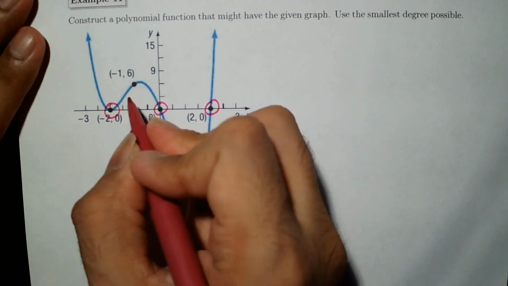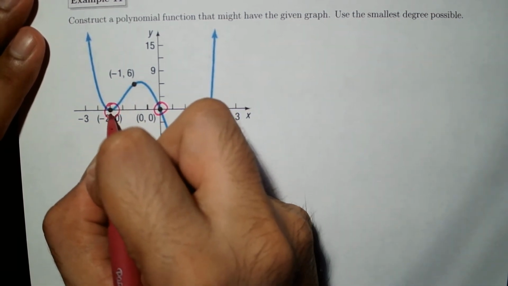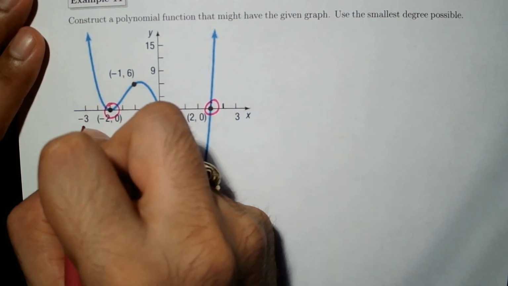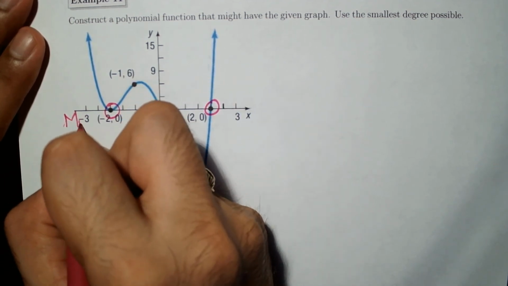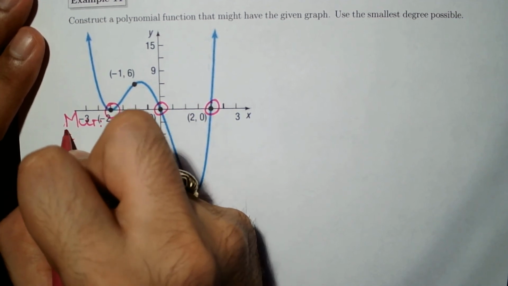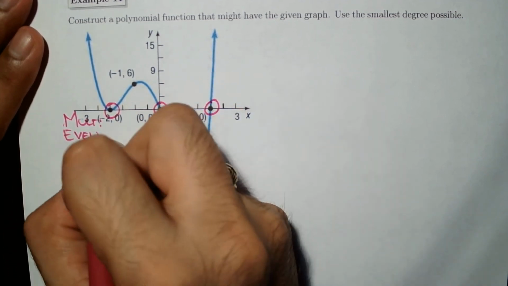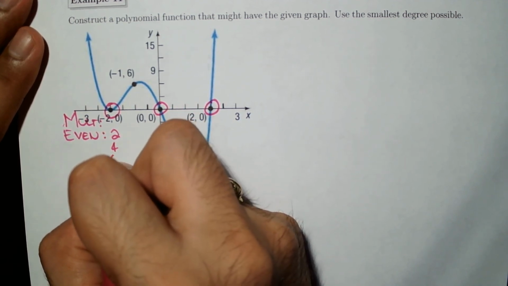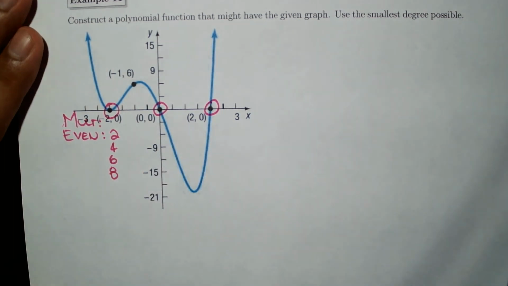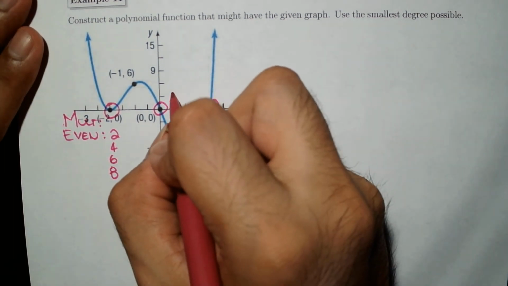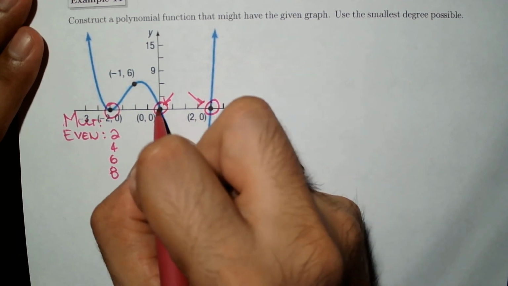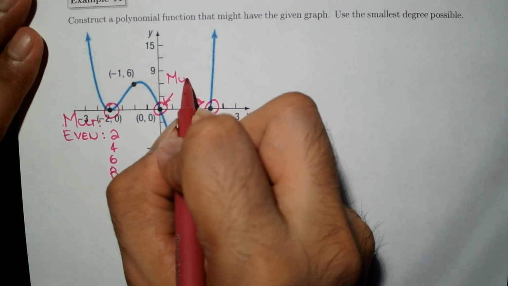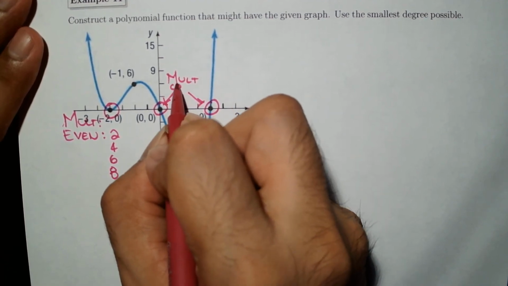at the zero at x equals -2, the graph touches only. So that means that the multiplicity is even, which means it could be multiplicity 2, multiplicity 4, multiplicity 6, multiplicity 8, etc. But in these two cases, the graph crosses, so the multiplicity has to be odd.